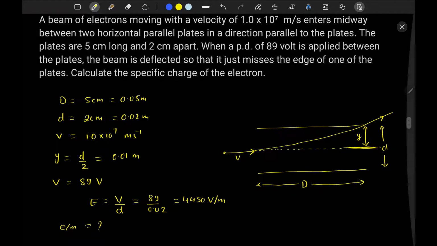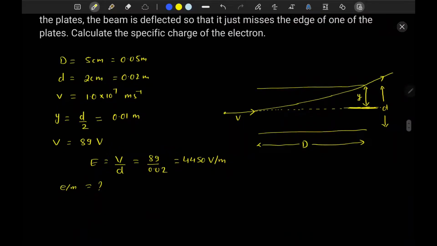Now we will use the formula for vertical deflection to calculate the value of e by m. The formula is y is equal to 1 by 2 e by m E d square by v square. Here almost all values are given. We will put the values and calculate e by m.